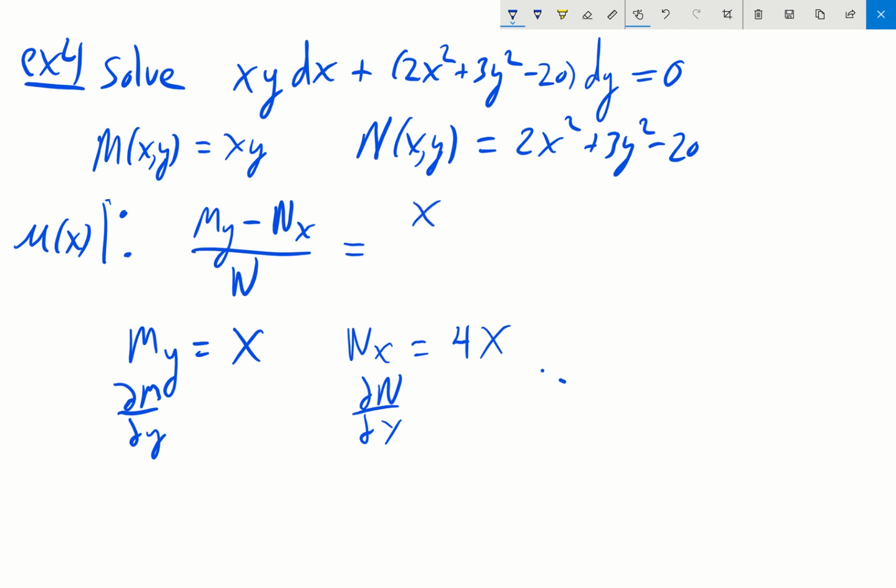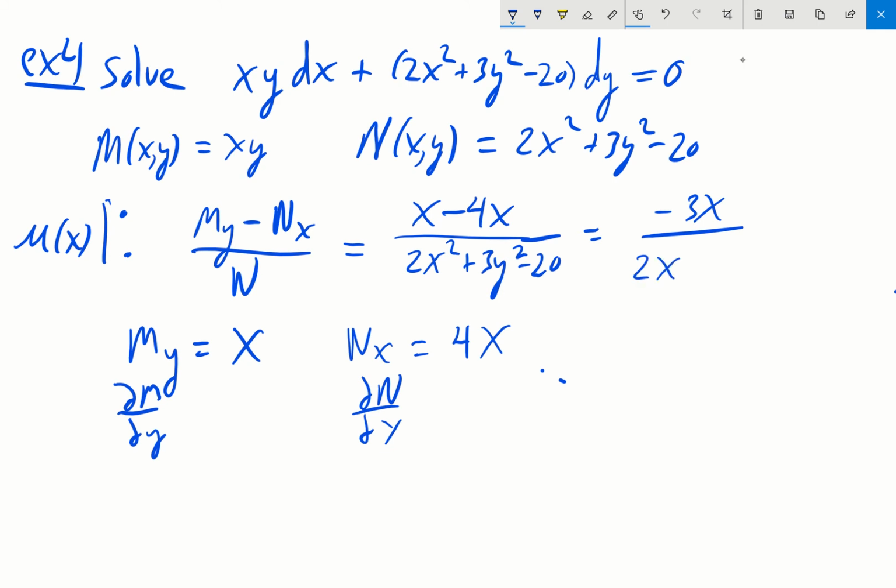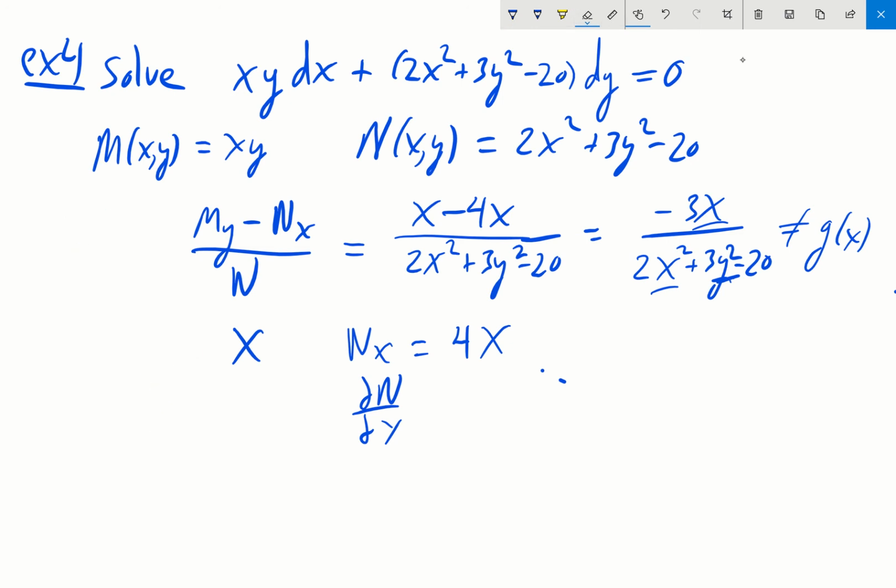We would have x minus 4x all divided by 2x squared plus 3y squared minus 20, which would give us negative 3x divided by 2x squared plus 3y squared minus 20. And we look at this and we say, oh no, this is not just a simple function of x. This depends upon x, but it also has a y dependence there. So unfortunately, there will not be an integrating factor of the form mu of x.